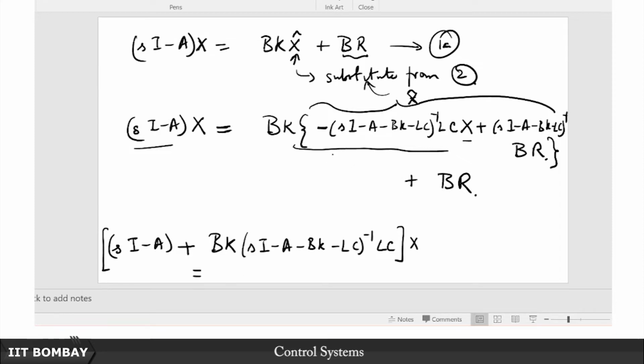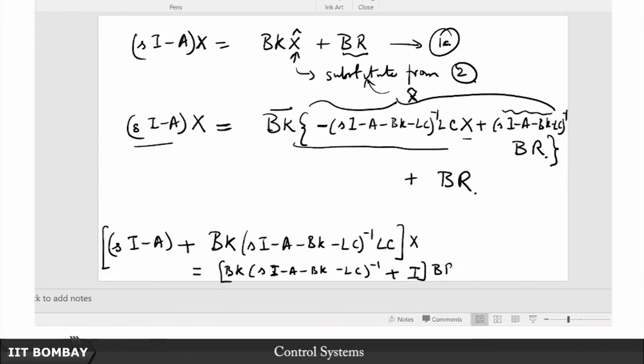Now it is the turn of retaining all the r related terms on the right hand side. What is the first r related term? It is BK times this jumbo inverse times Br. So I have BK times this sI minus A minus BK minus LC inverse B. I can take the Br common outside, so this is going to be plus I, with the Br outside.